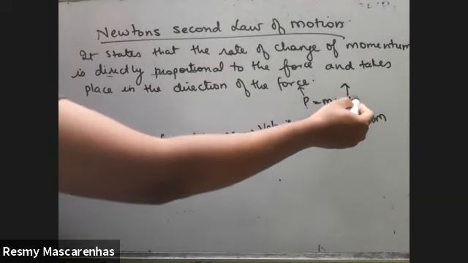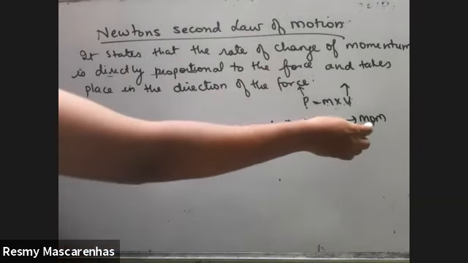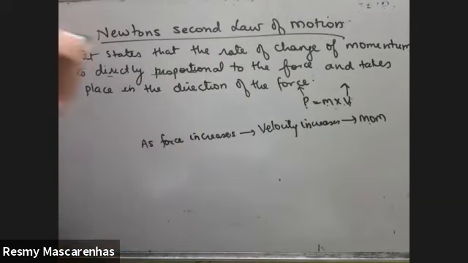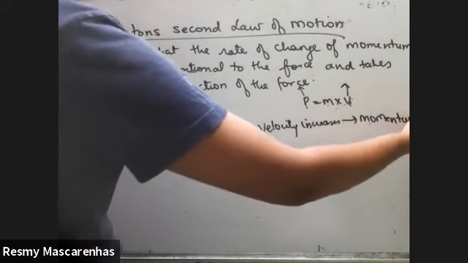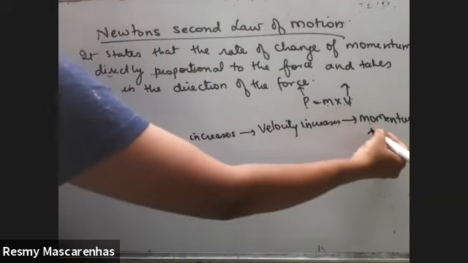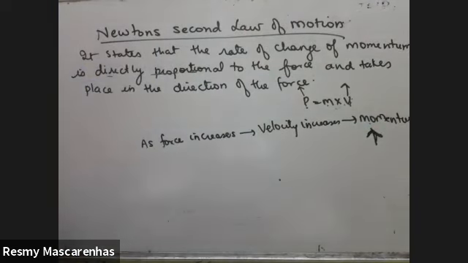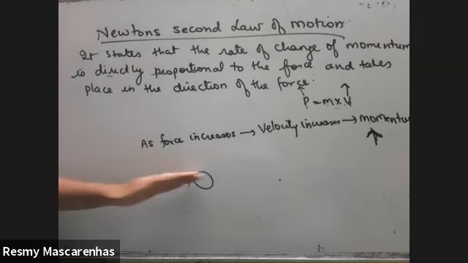Velocity is increasing to 10, definitely this is also increasing. So momentum is directly proportional to force. If velocity increases, then momentum will also increase. It takes place in the direction of the force, definitely: whichever way you are applying the force, in that direction you will have momentum.